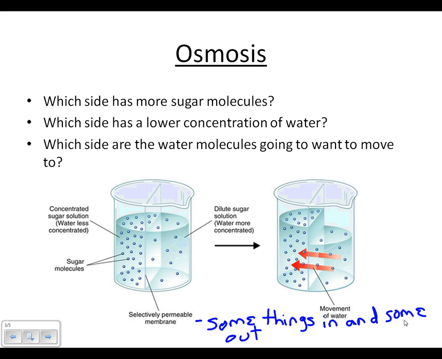Selectively. So some things can get in and some things can get out. In this case, things have to be small enough to get through the membrane, and typically it's water. When we're dealing with osmosis, it's always water because osmosis is the diffusion of water.